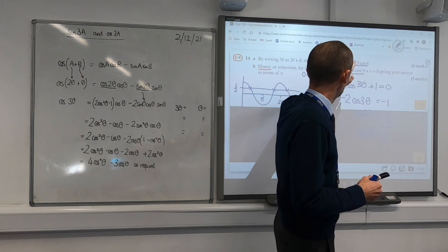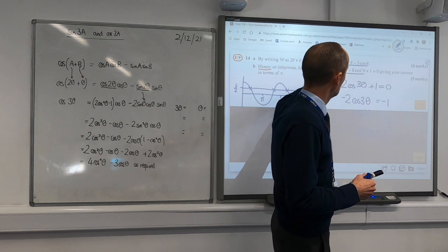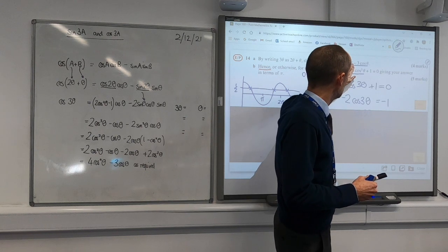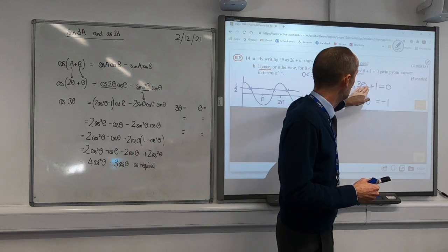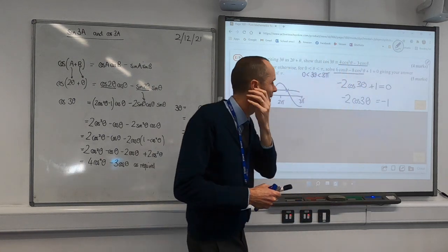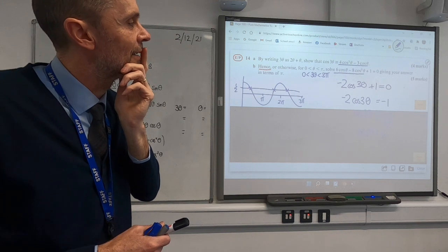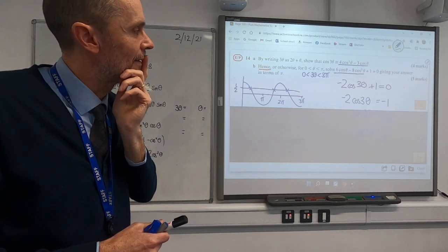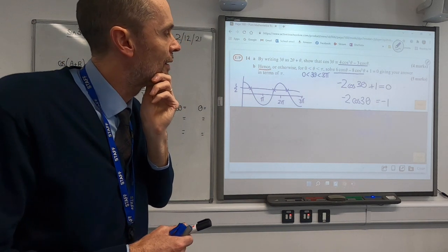In part A, we've just shown that this is the same as that. So minus 2 times that is the same as minus 2 times that. I get that bit. But where's the cos come from? Why is it times by minus 2 cos?